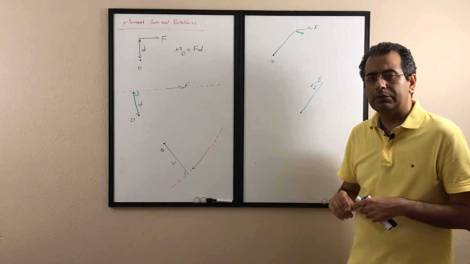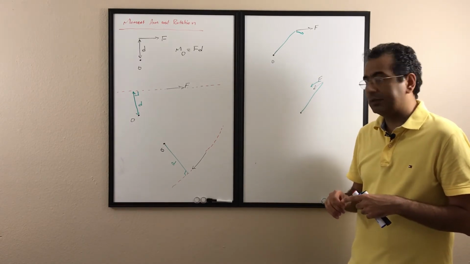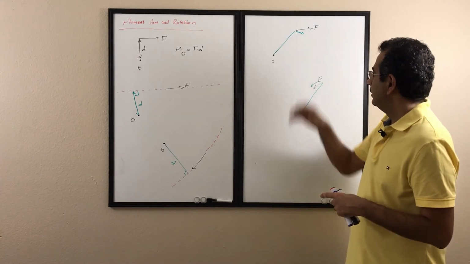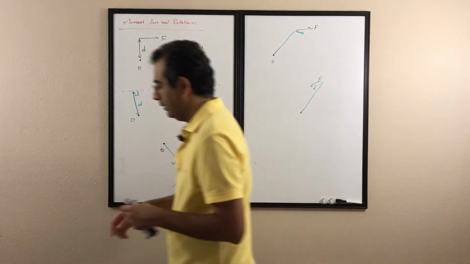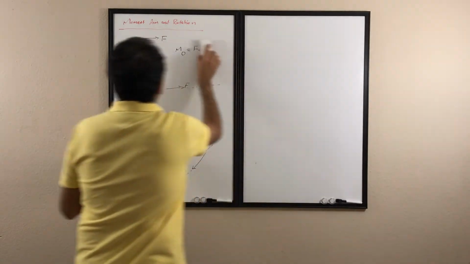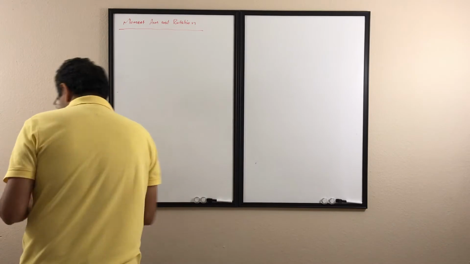It's going to be much easier to do the calculation along the x and y directions rather than in some given angle. That's my suggestion, but you can still do it any other way. So let's look at some examples and see how we'll do that.